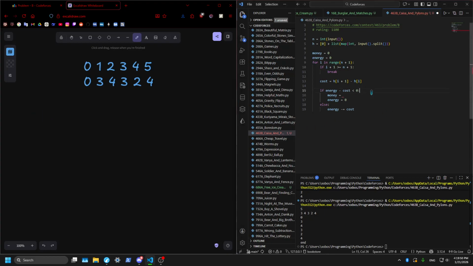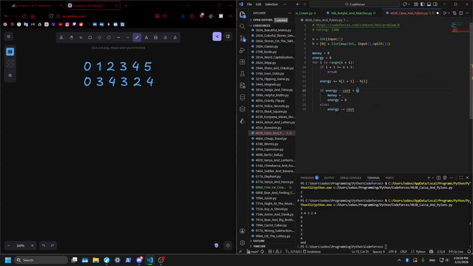So cost, wait, why am I making this so hard? Like, if I just simulate it, what if I just do energy plus equals this, and then if energy is negative, then like, what am I doing with cost? Energy plus equals this.